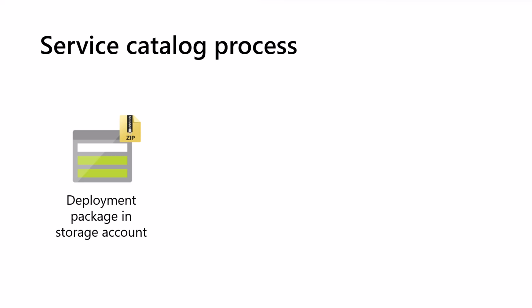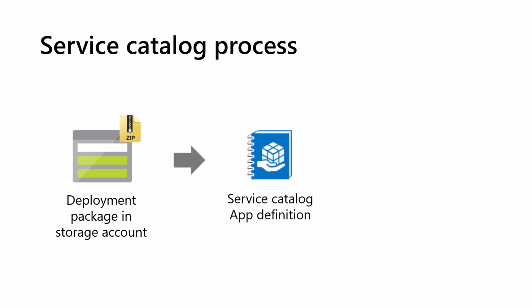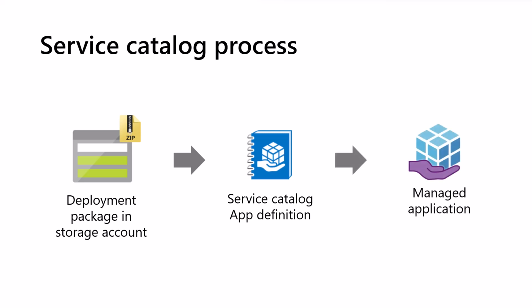It's just a zip file that contains certain assets you're going to need that define the behavior of your deployment. Then, in the Service Catalog, we create an application definition, and that references that deployment package file. Finally, we can deploy from that app definition to create the actual application. And remember, this is all happening internally.